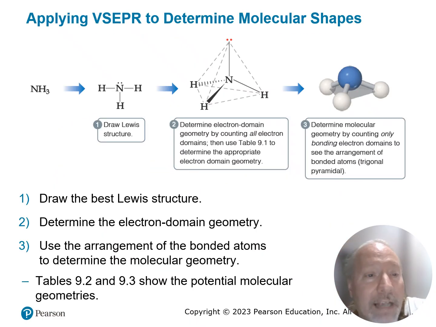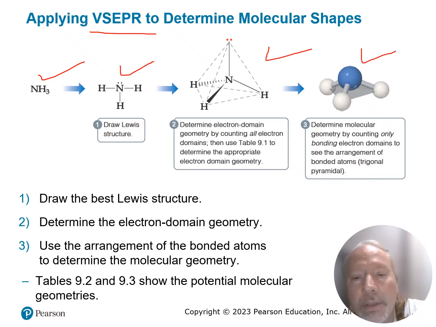Okay, so VSEPR, determine the molecular shape. Well, first, know what the molecular formula is, draw out the Lewis structure, determine the electron domain geometry, and then determine the molecular geometry last by eliminating the lone pairs. And you get that the electron domain geometry is different from the molecular geometry.